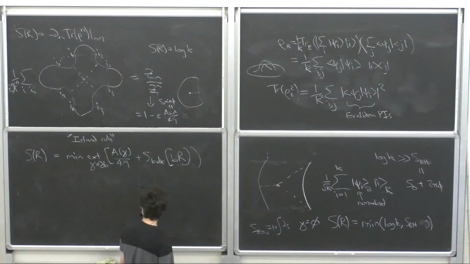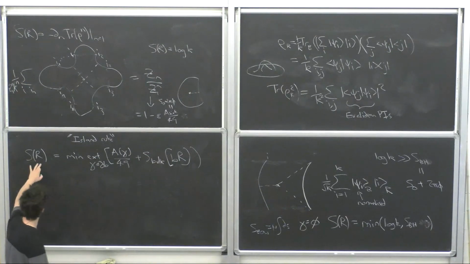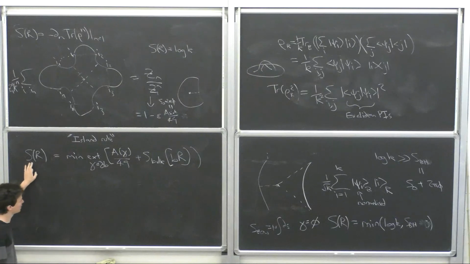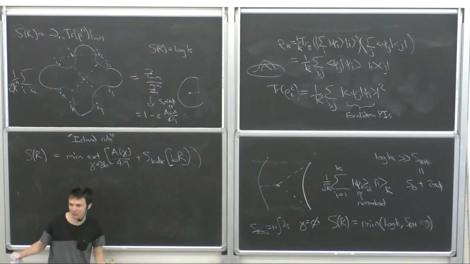People often get confused. So if B is empty, then we have an S bulk of just R, right? The semi-classical entropy of just the region R. And then we also have this entropy of the region R on the left. But if the actual minimum extremal thing has B not be empty, then those two things are not equal to each other.